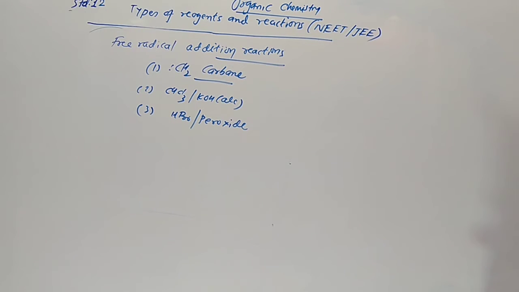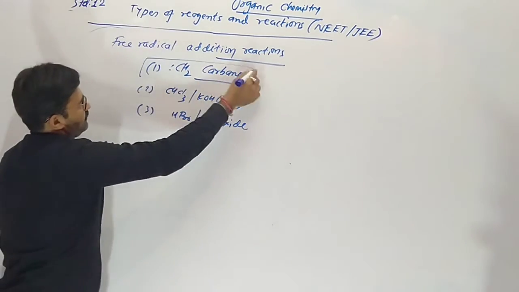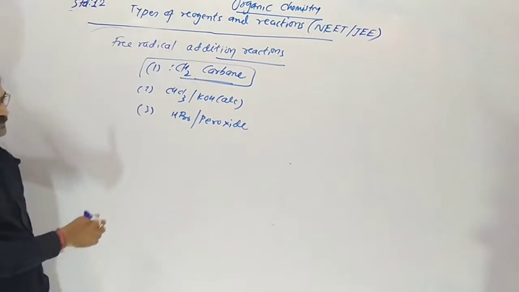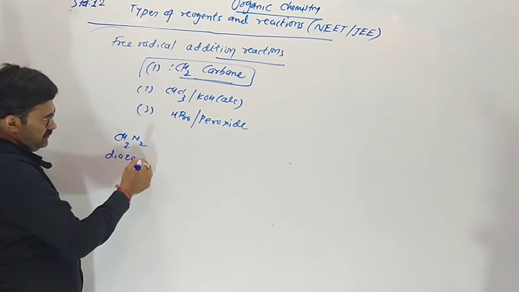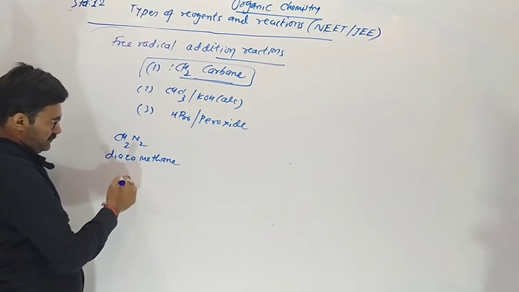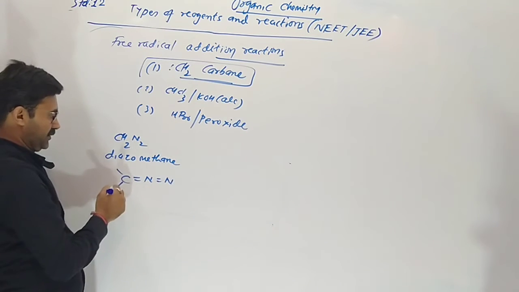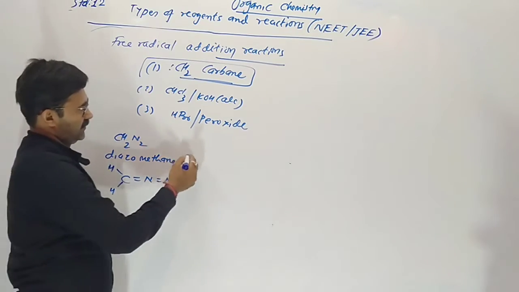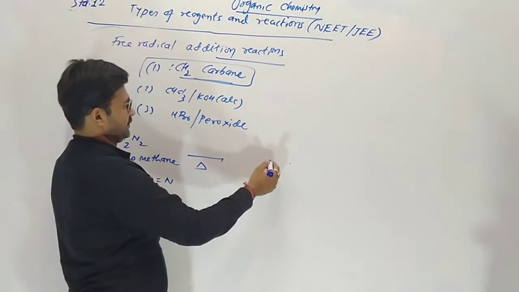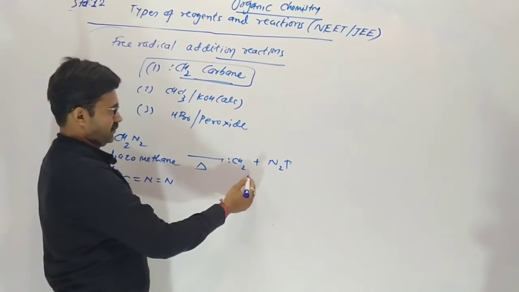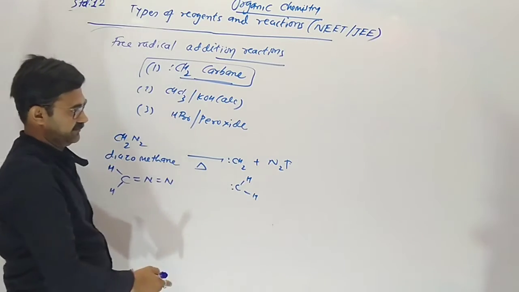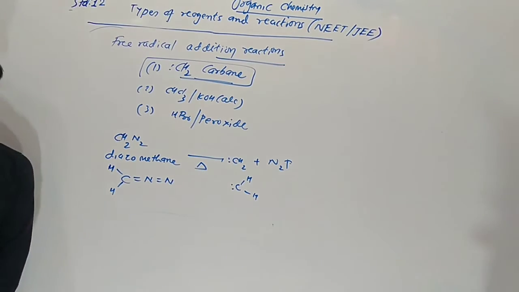Yes, sir. In this reaction, bonds will break free radically. First of all, carbene, from where do we derive it, sir? Diazomethane, C double bond N like this. On heating, two nitrogens are removed, leaving CH2 with two bonds to hydrogen and two electrons remaining. This is called carbene.